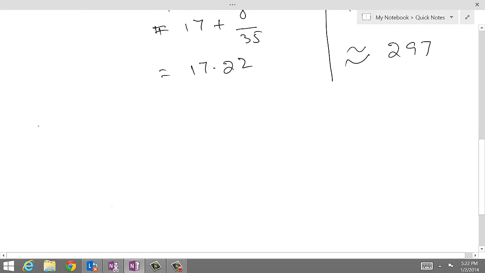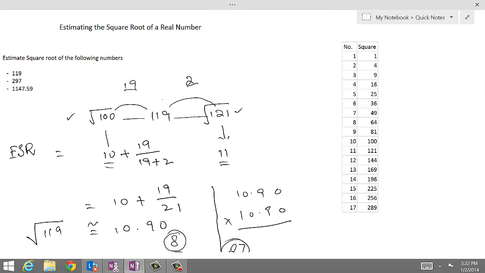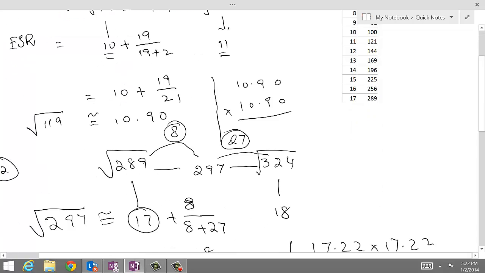Let's do another question, question number 3. Here we are going to find the square root of 1147.59. I have given a table on the top here for a few of the squares which we must memorize.